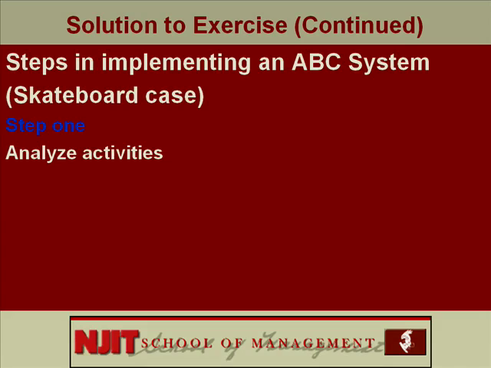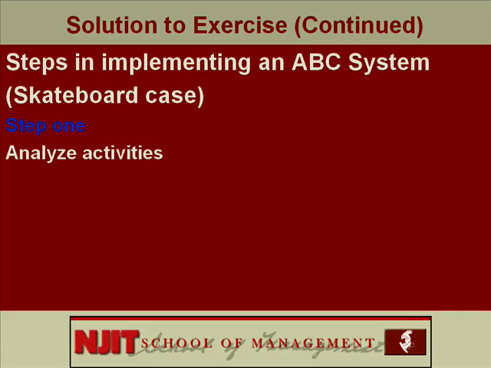Look at the case study. We have analyzed activities into administration, purchasing, production. Production includes warehousing and handling, cutting, gluing, setting up molds, painting, assembly, and marketing, right? So this step is done for our case study.